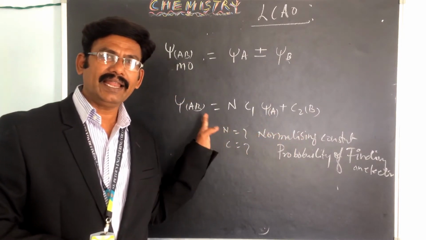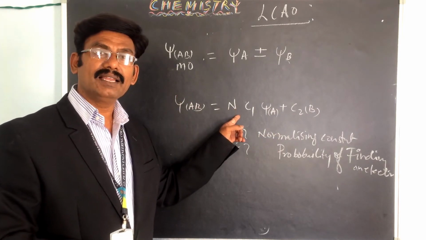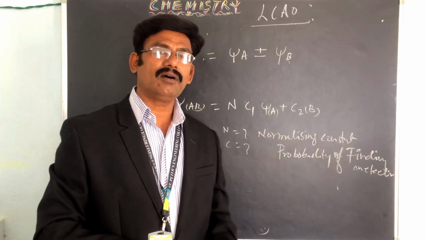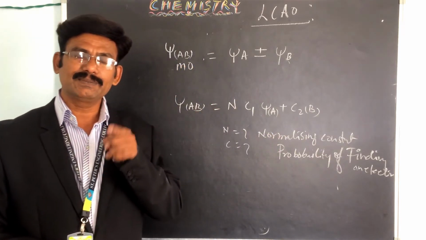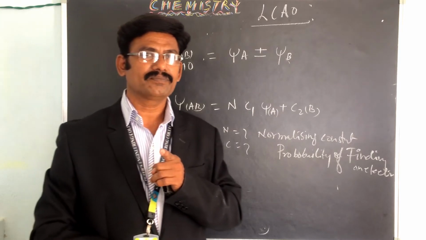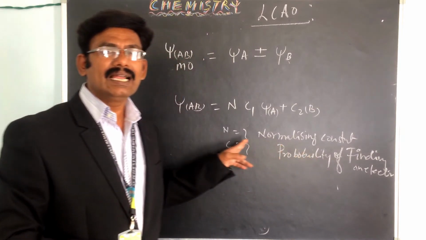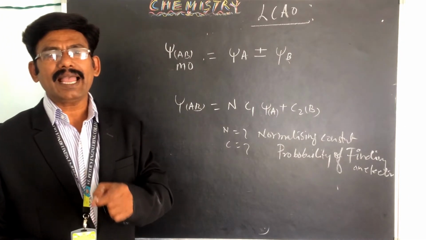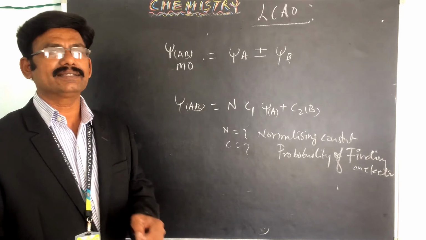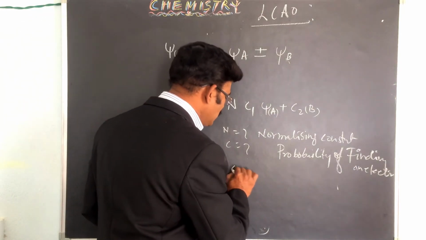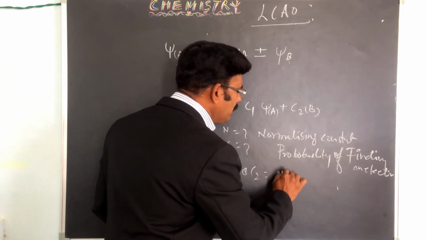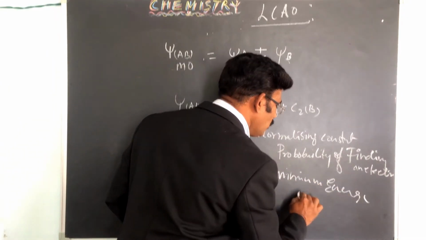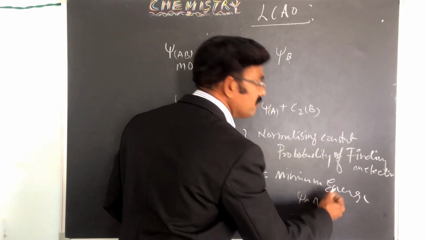Once again, listen. The N is the normalizing constant, which is used to find the probability of finding an electron in space, where the total is unity. C1 and C2 are also constants, used to give minimum energy for psi A and psi B.